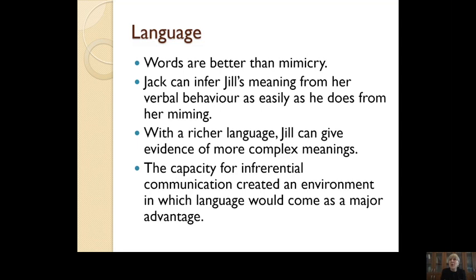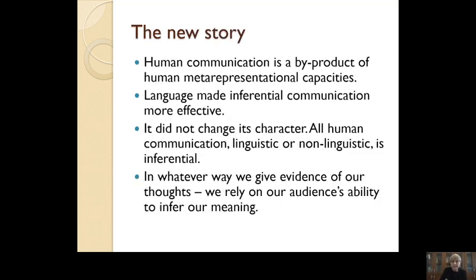It makes communication more efficient. The capacity for inferential communication, our metarepresentational capacity, created an environment in which language would come as a major advantage. Okay, so that's what I've said. Language simply makes communication better, more efficient, easier, and more complex, obviously.